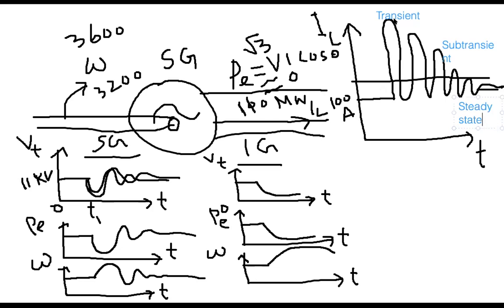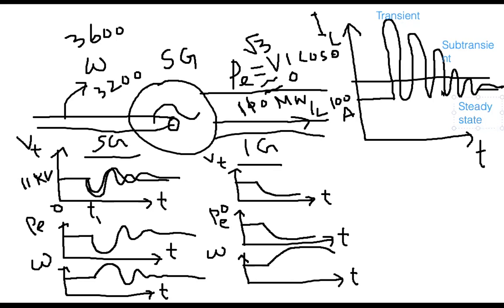So, three things. The first peak is called the transient, and when it reduces to 80%, 70%, that is the subtransient, and when it is at or near the original level, with only a 20%, 30% gap, that is called steady state.